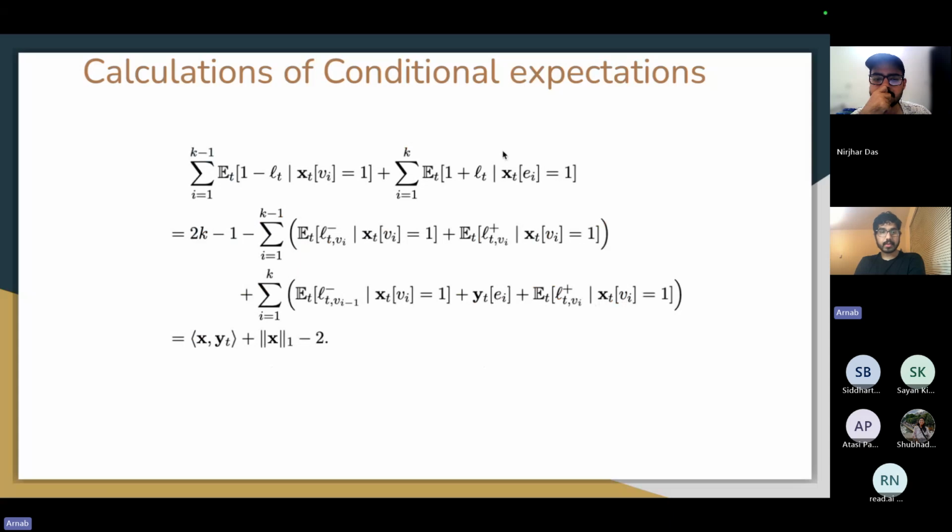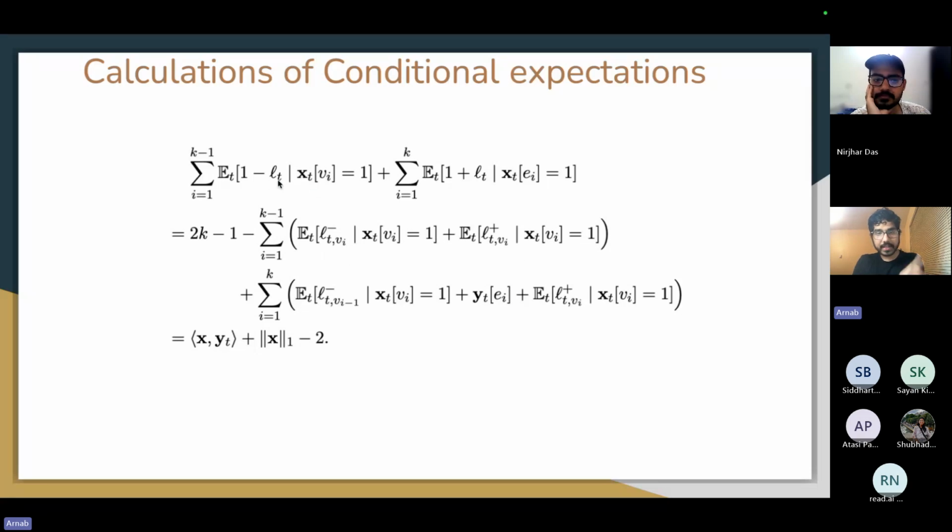You have this, and from the previous slides, I have this particular calculation happening. You open this up, and yeah, you have this thing going on.